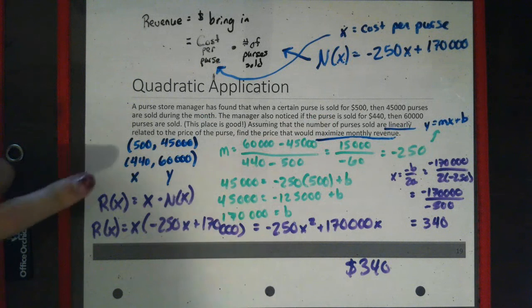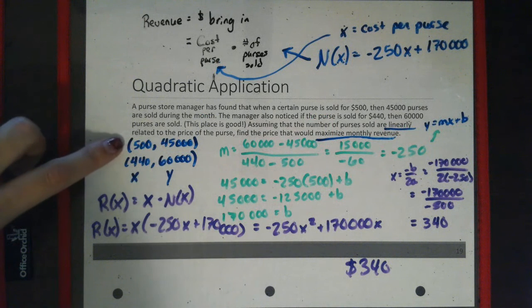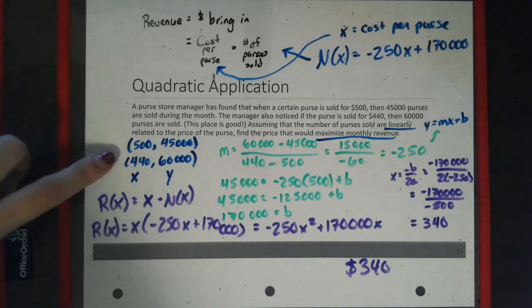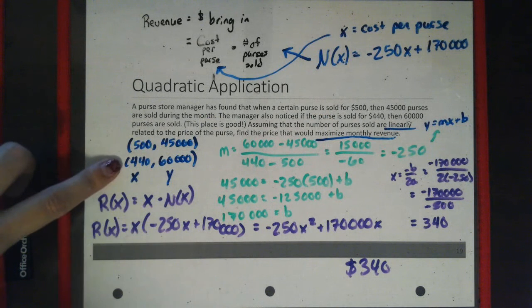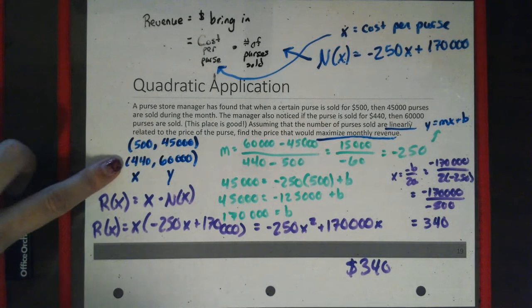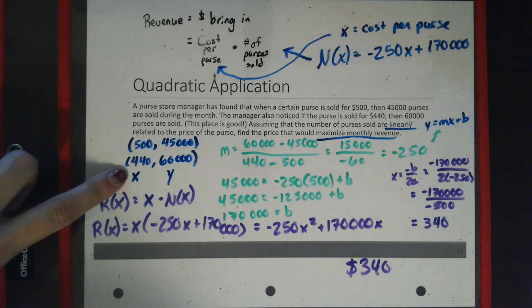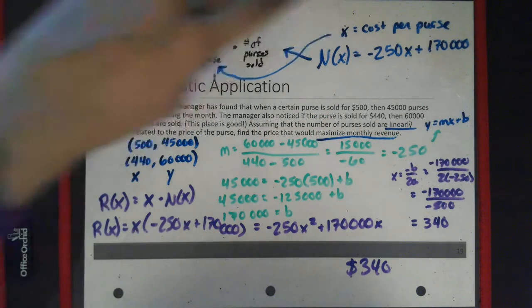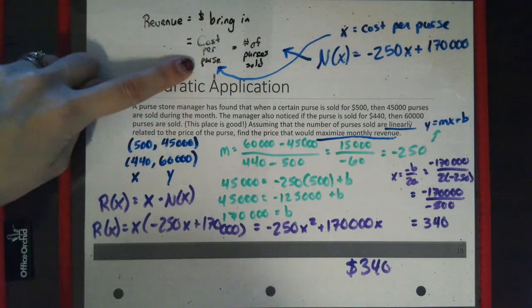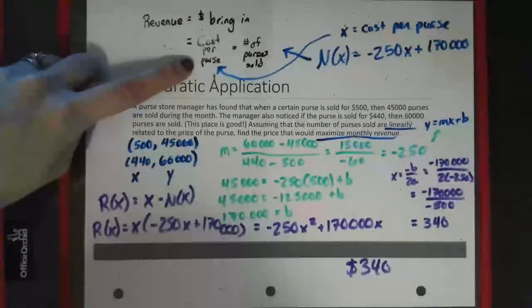They told us if the purse is $500, they'll sell 45,000 of them. And if the cost is $440, they'll sell 60,000 of them. That price that we're selling the purses at turned out to be a really good X value. So X was our cost per purse, which we needed right there.